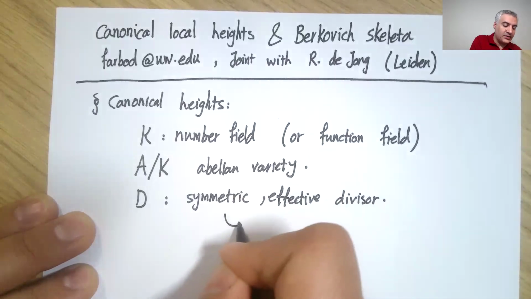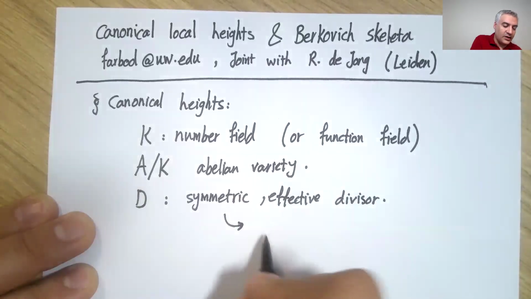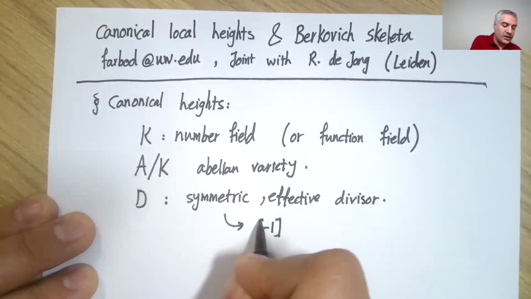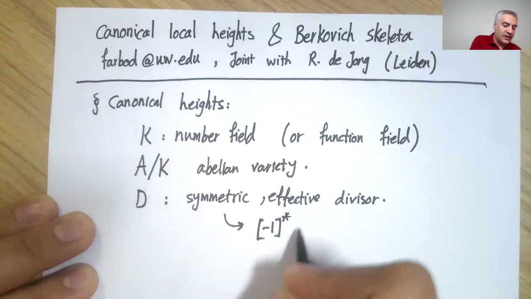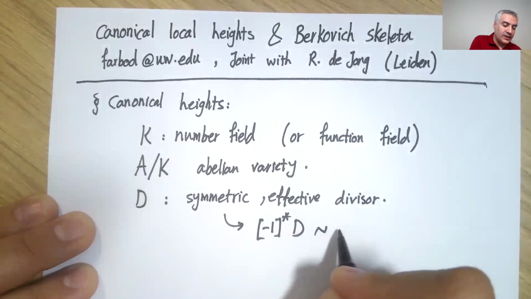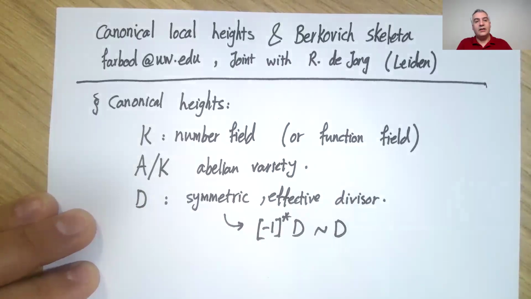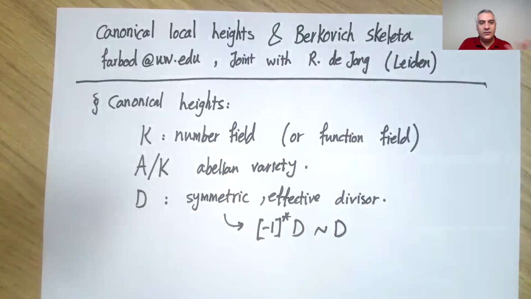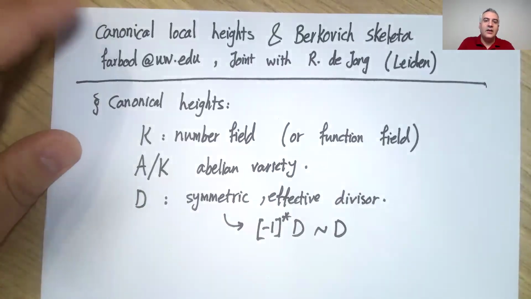Just a reminder, symmetric means that since we have an abelian variety, you have the multiplication by -1, and if you pull back the divisor along that map, you get a divisor which is linearly equivalent to what you started with. If you're thinking of line bundles, you get the isomorphic line bundle.